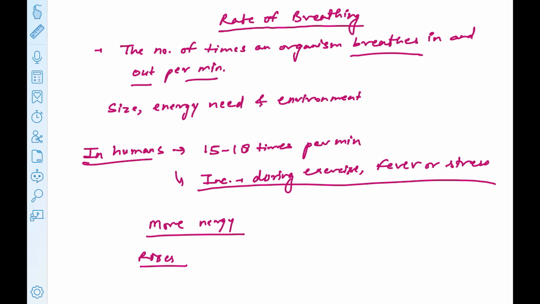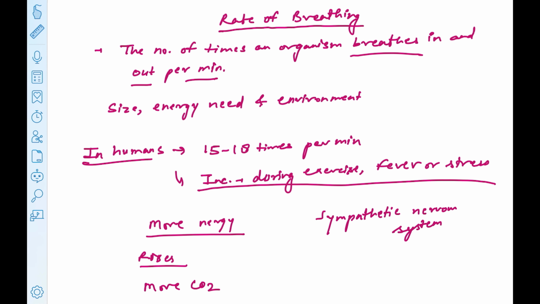So enzyme activity and metabolic rate increase, and cells consume oxygen faster and produce more carbon dioxide. So to maintain balance, the breathing rate rises. And stress activates the sympathetic nervous system, and hormones like adrenaline increase heart rate and breathing. The breathing becomes faster and deeper to deliver more oxygen to the brain and muscles and prepare the body for quick action.